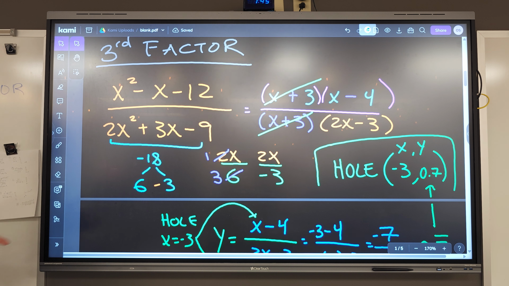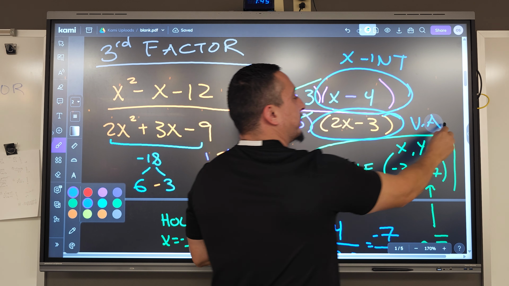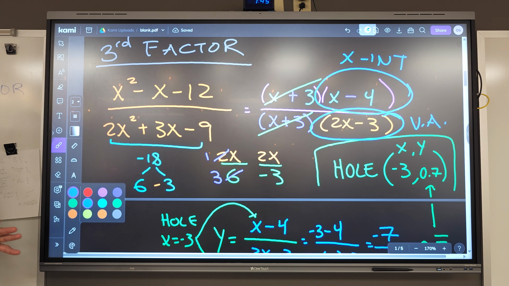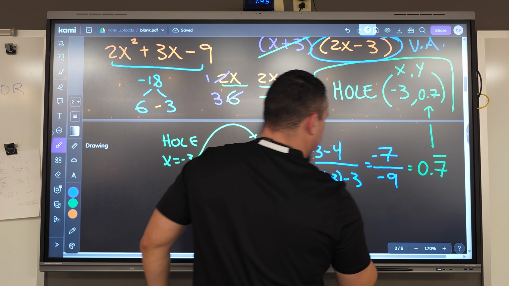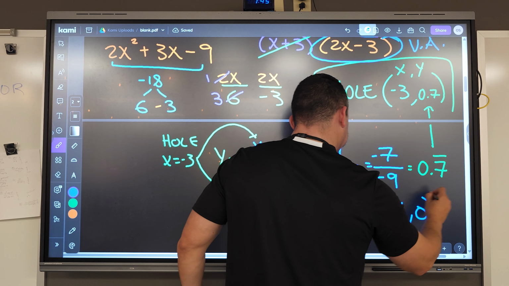The top one that doesn't cancel, that's your x-intercept. The bottom one that doesn't cancel, that's your VA. Always. Okay, always. So my x-intercept is not going to be negative 4, but positive 4. It's the opposite. So x-intercept equals (4, 0).